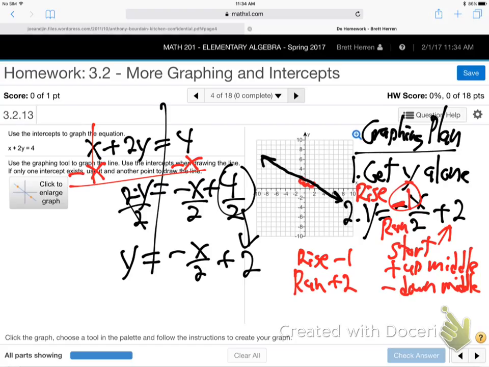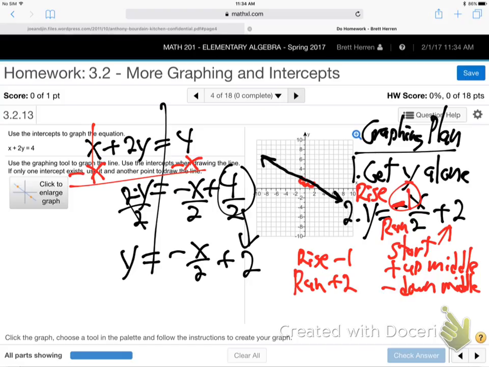So the rise is -1, instead of going up 1? So what is a negative rise? Let's say that plane is rising negatively. What does that mean? Come down. Okay, so a negative rise is down. It went down 1 over 2.